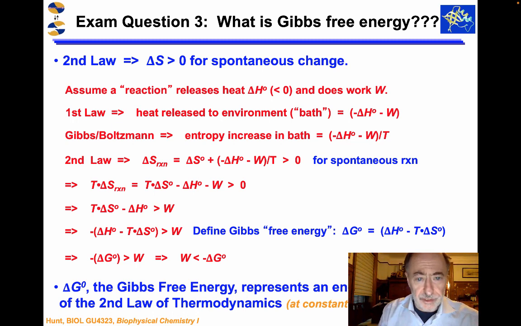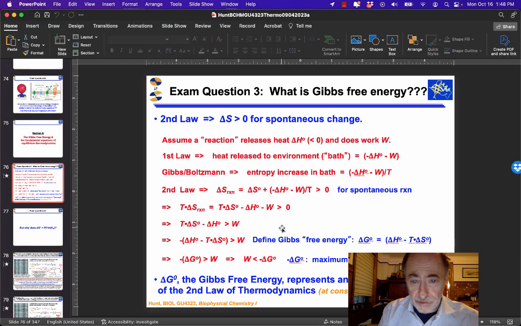Okay, so the next thing we're going to do is skip ahead a bit. This is the standard free energy. What we've done here is we've shown the standard free energy is the maximum amount of external work that can be done by the reaction.